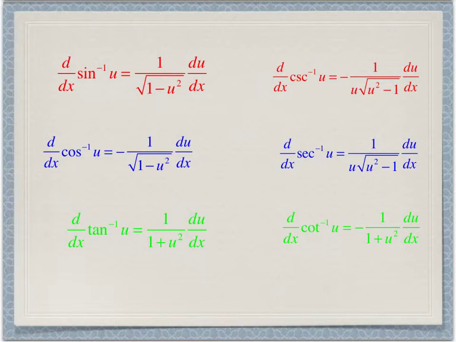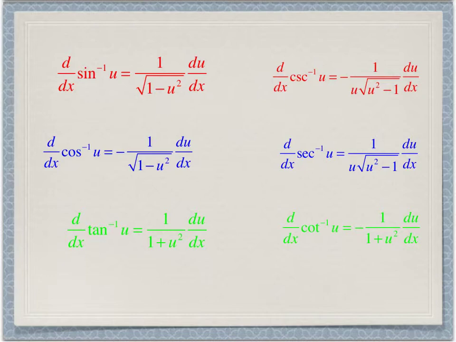Now the idea here, this u, of course, most of the time it would be some function of x or t or something like that. But here's the key thing that often is forgotten, this du over dx. So this is our chain rule once again, that if you have some particular function, we apply the main formula to it, but then we cannot forget to multiply by the derivative of that main function, and that's our chain rule coming back into play here.